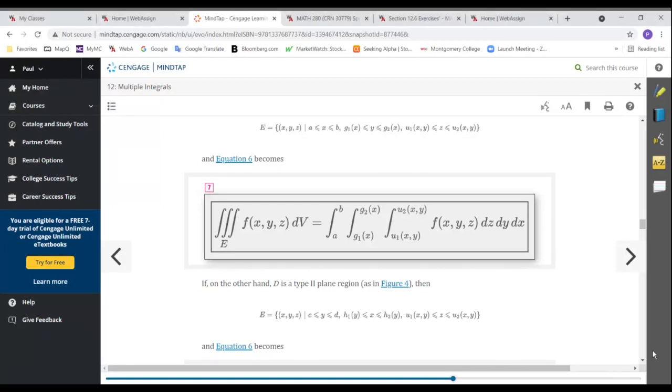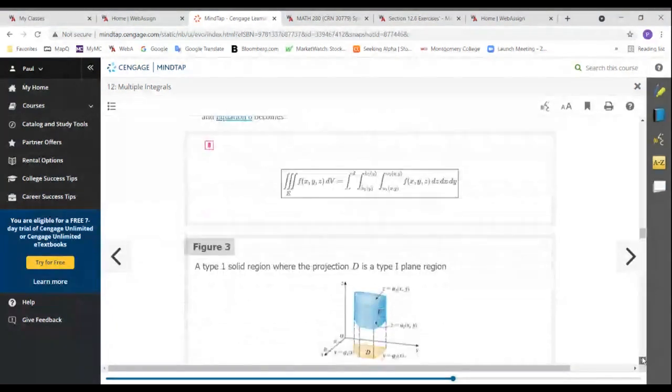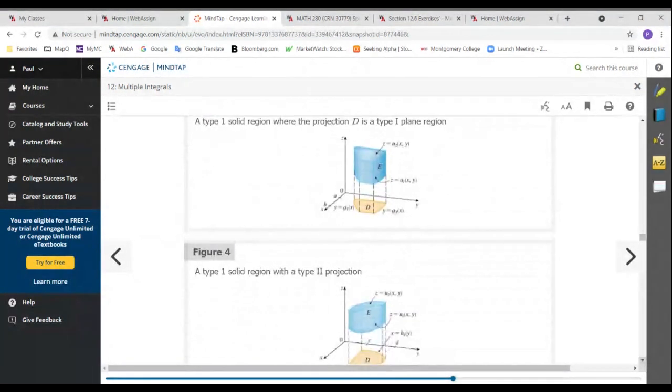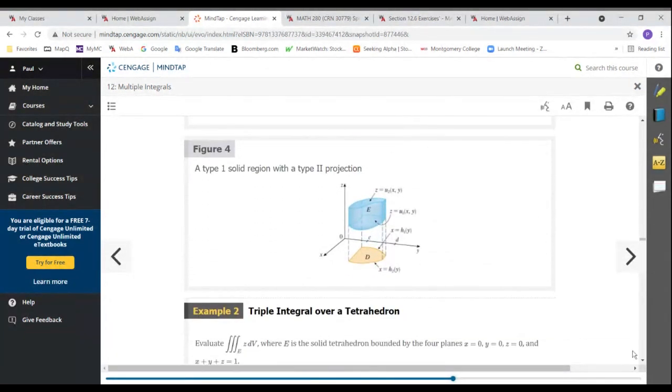Well, now we can also have a situation, that was a type 1 region, but if we have a type 2, they call it projection here, but I don't want to get into the terminology too much. But here you have a surface bounding above and below, and then in the xy plane, you have left and right functions, h1 of y and h2 of y, and then limits go from c to d.